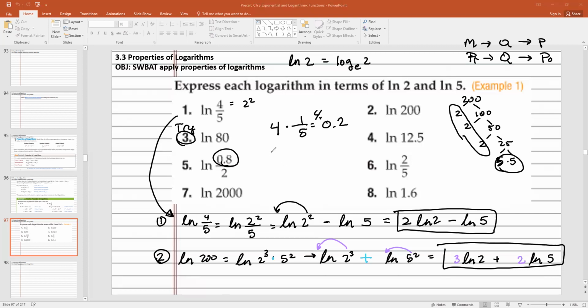So you can think of it as 2 squared times 5 to the negative first power, all divided by 2. And one of those 2s cancels out with the bottom 2, and you're just left with 2 times 5.